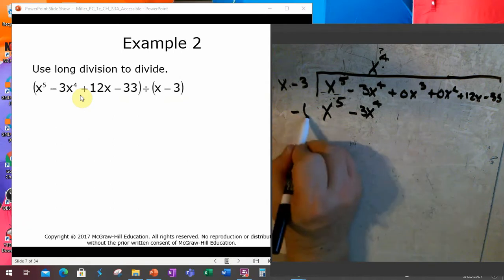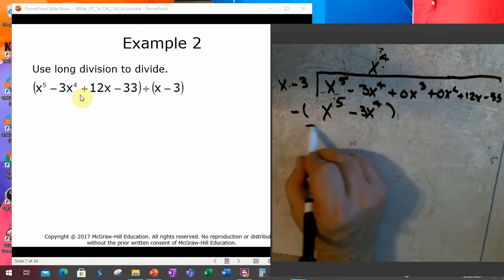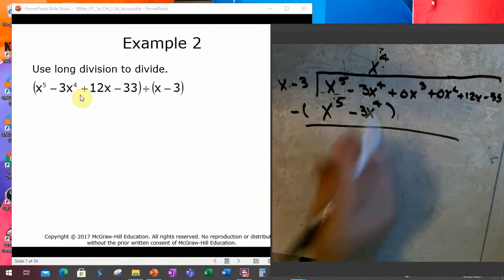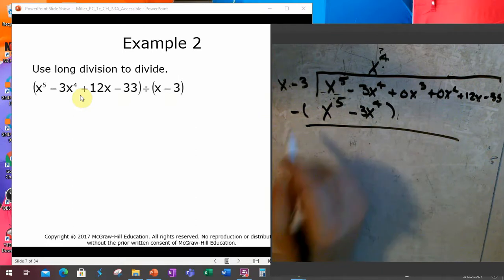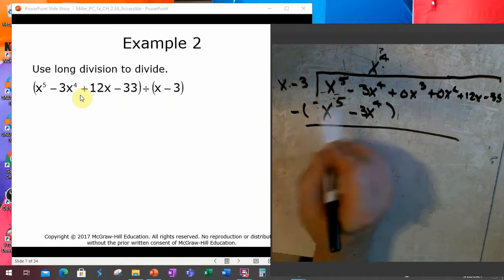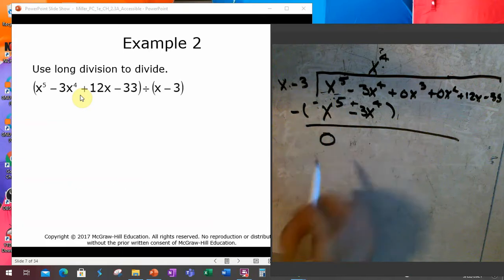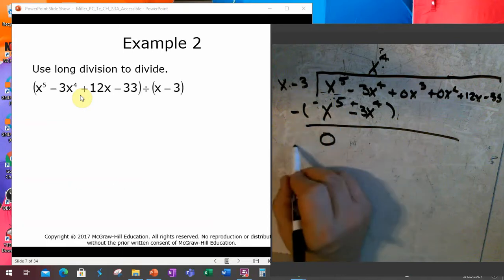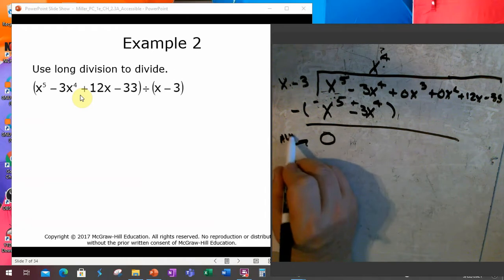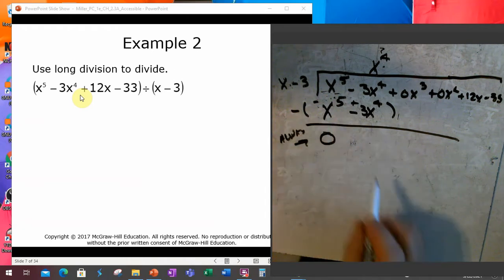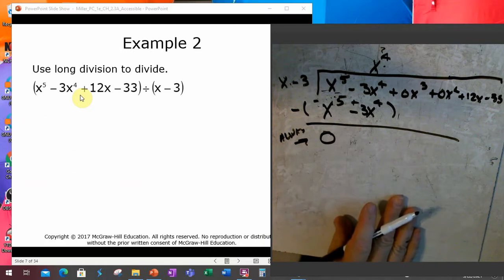And then I just subtract this from the original. This is a negative, so that's going to be a plus. So x to the fifth minus x to the fifth, that's going to be a 0. When we start running this through, the first step is to get rid of the leading terms, and it's just going to be zeros.